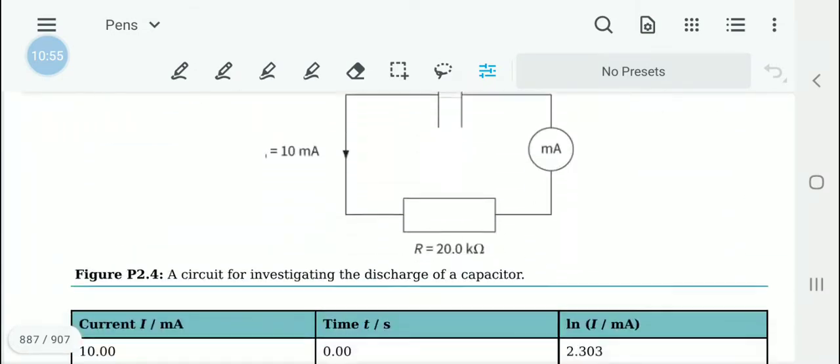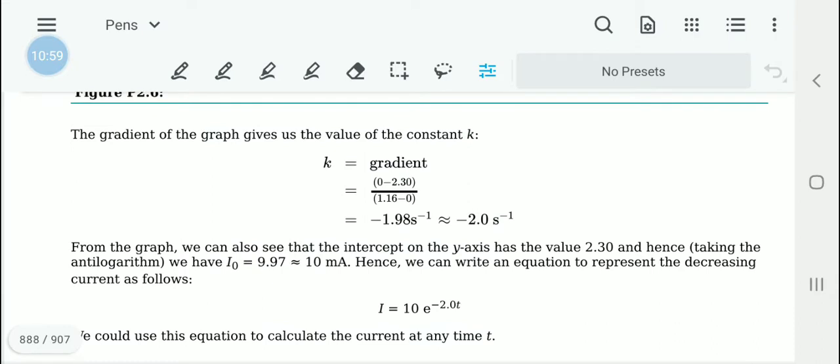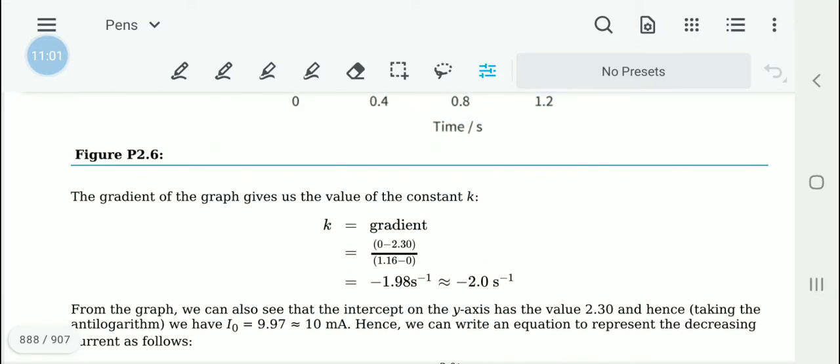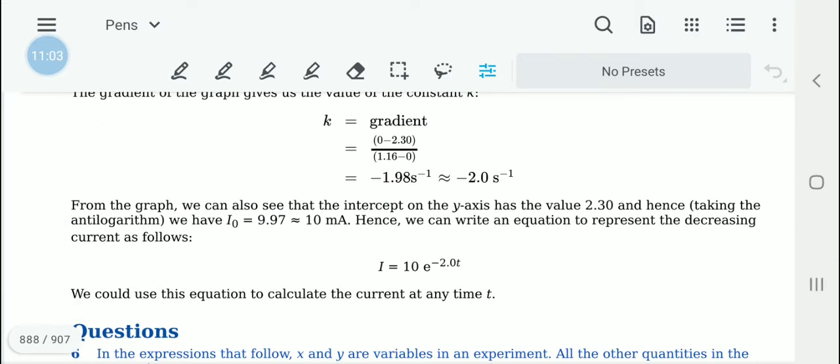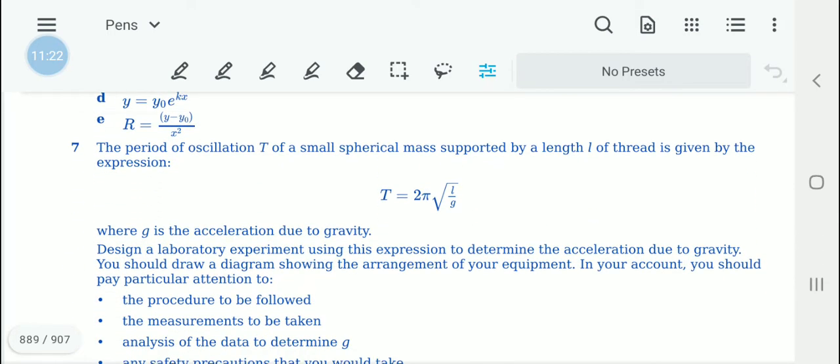If you have any doubts, please ask. The gradient will give us the value of k. It is found to be 2 per second. Then I equals 10 e to the power 2t. We use this equation to calculate the current at any time t. I hope you understood.